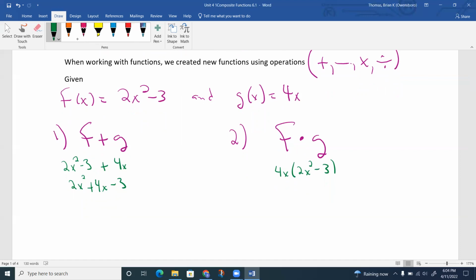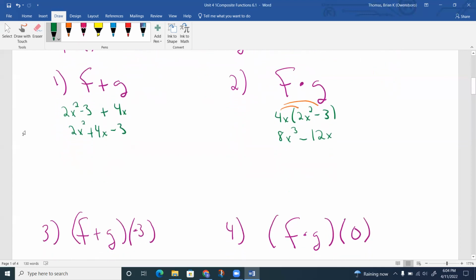Typically, we multiply this monomial through the binomial using the distributive property. 4x times 2x squared gives 8x cubed, and 4x times negative 3 gives negative 12x. So that would be our function f times g.